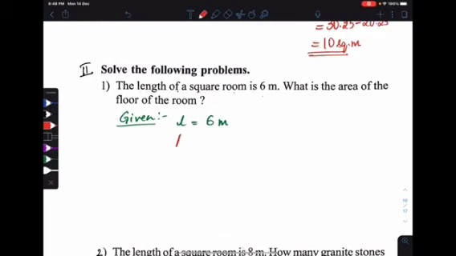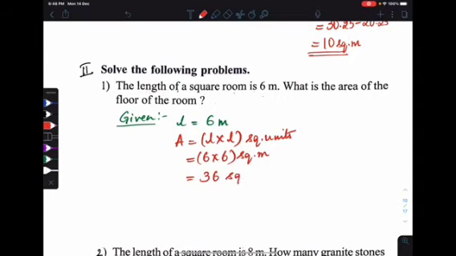Now area is equal to L into L square units, is equal to 6 into 6 square meters, which is equal to 36 square meters. Did you all understand, children? Moving on to the next problem.